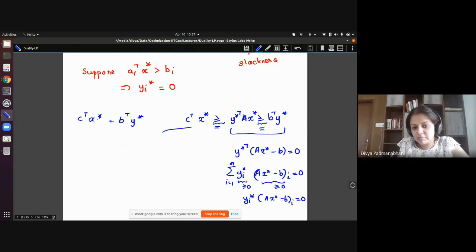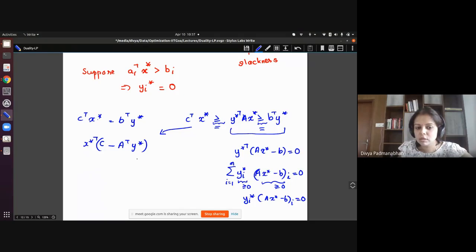So here, if you do the same thing, what you get is x star transpose times (C minus A transpose Y star). I'm just moving this to this side and writing it in a flipped manner.